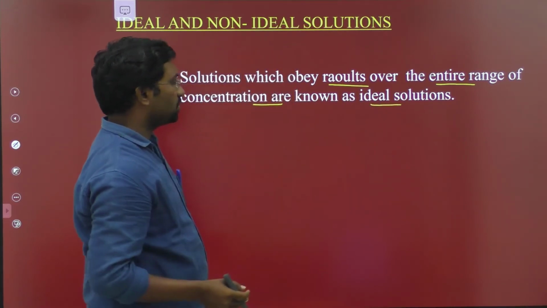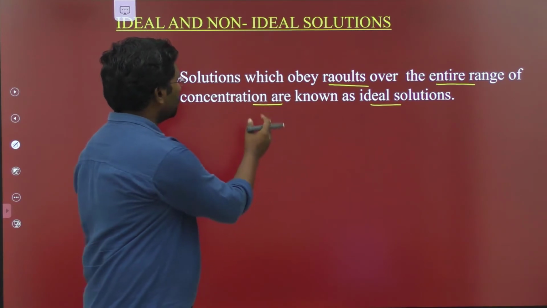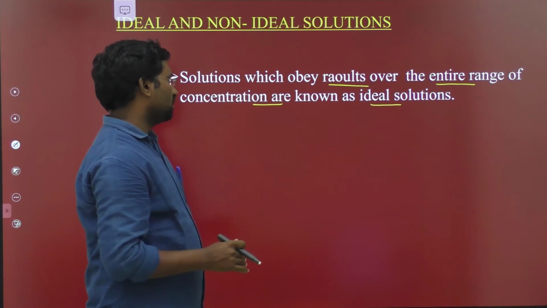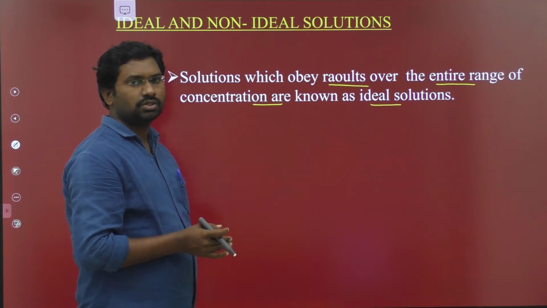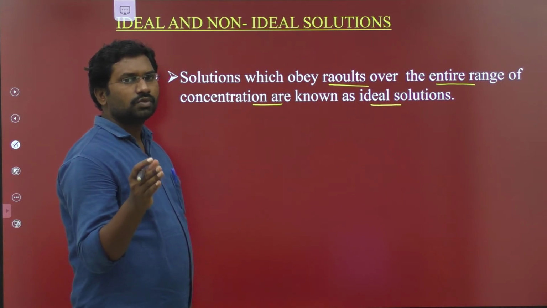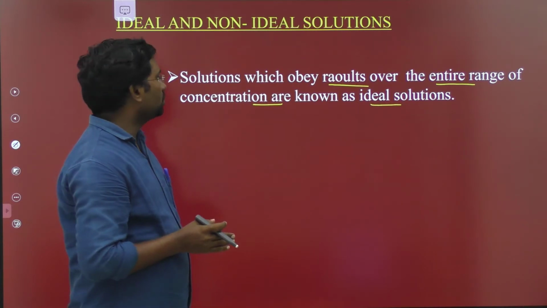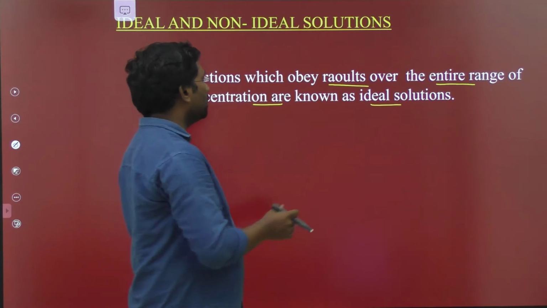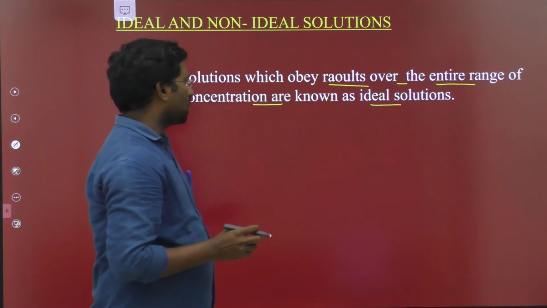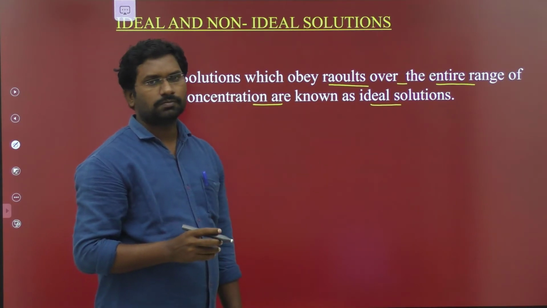So this is the definition of an ideal solution. If the given solution is said to be ideal, what is the definition? The solutions which obey Raoult's law over the entire range of concentration are said to be ideal solutions.